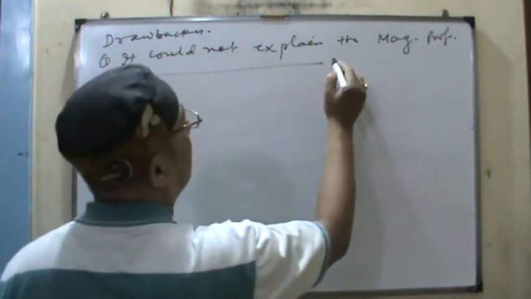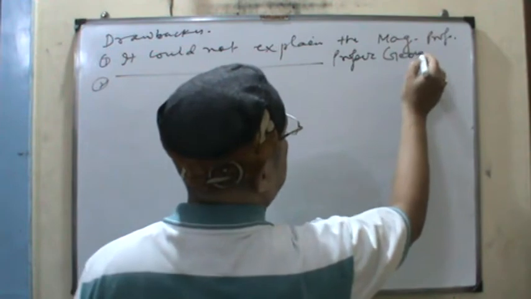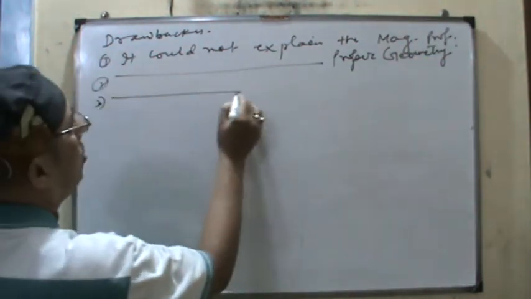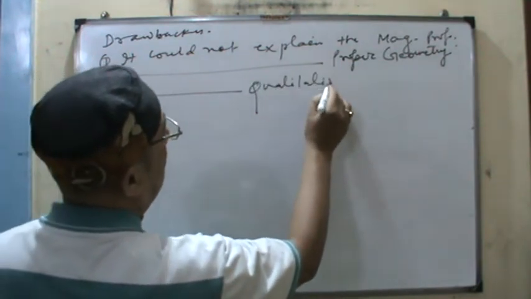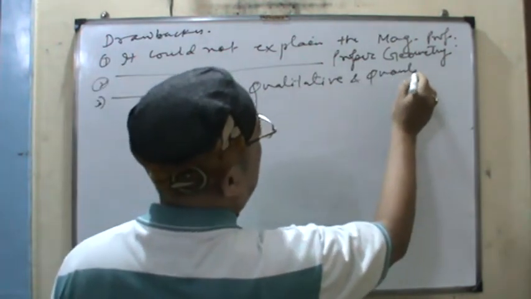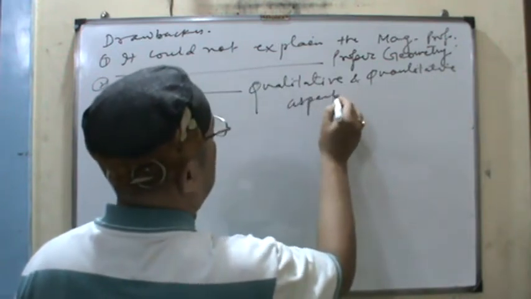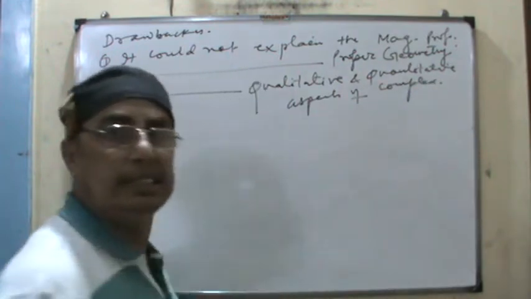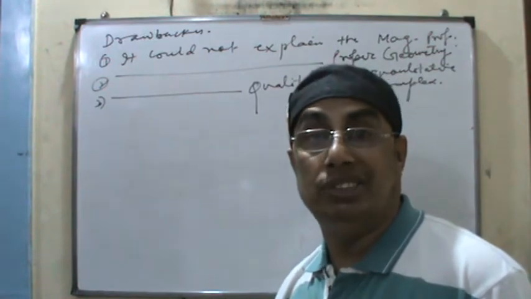It could not explain the proper geometry of the complex, and was unable to explain the qualitative and quantitative aspects of complexes. Keeping these things in mind, now valence bond theory came into existence.